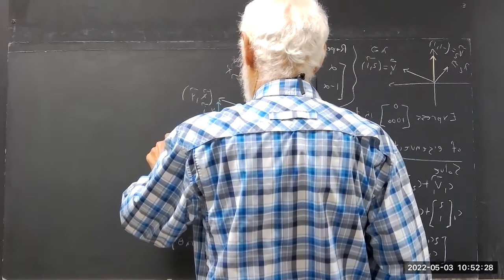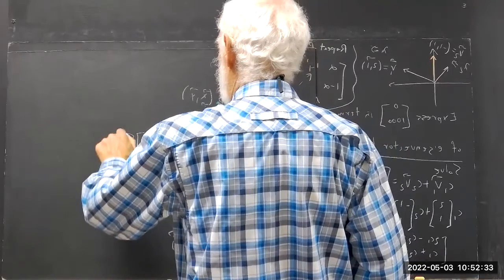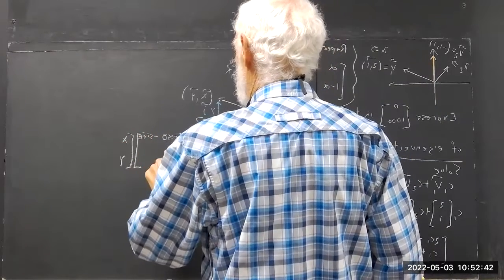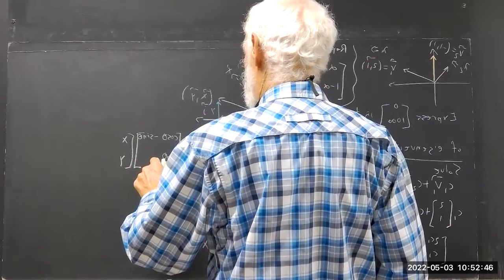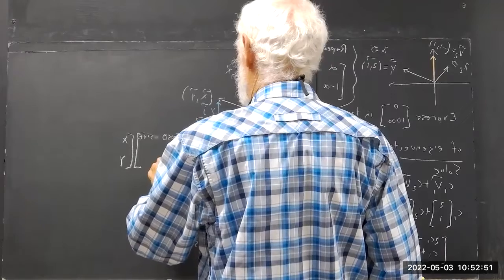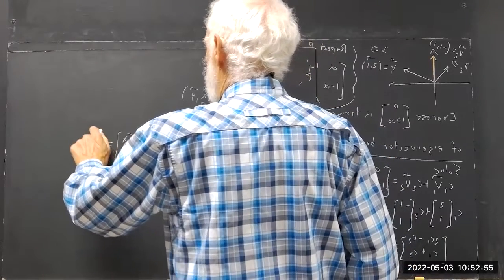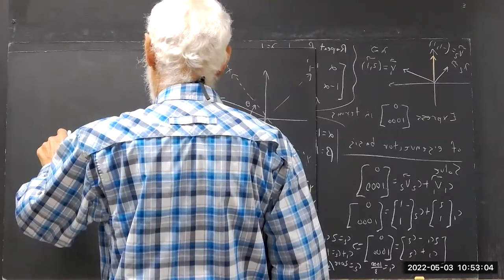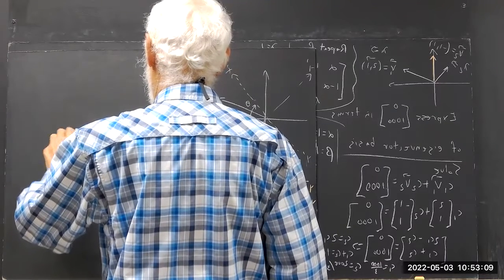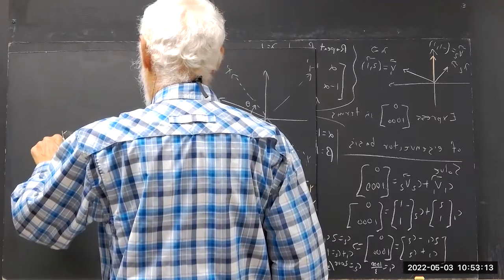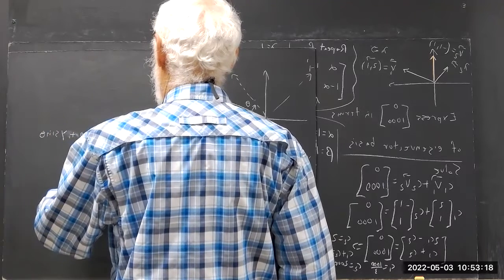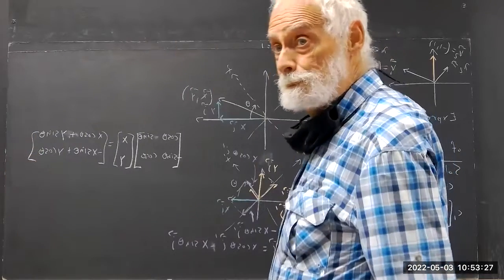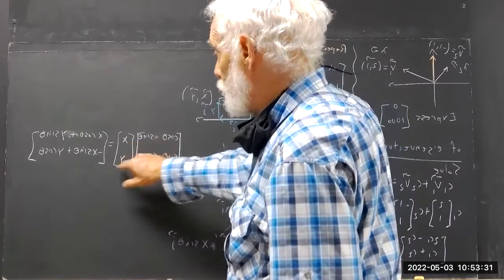Well then, if I multiply x y by cosine theta, negative sine theta, sine theta, I got that wrong, negative sine theta here, cosine theta, I get this vector, which is this vector according to the other.